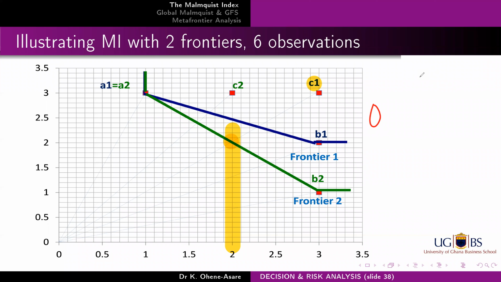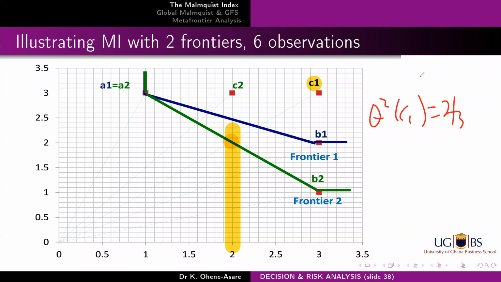So the theta of firm C1, relative to frontier 2, the score is going to be, in this context, 2/3, which shows that this firm is inefficient relative to the second frontier.